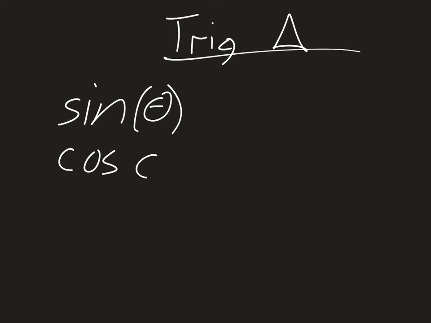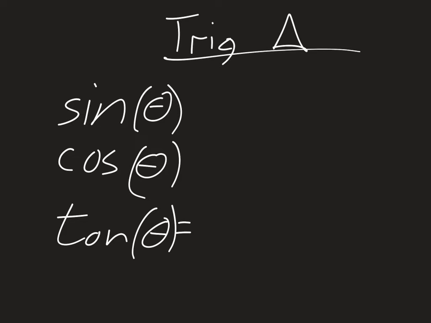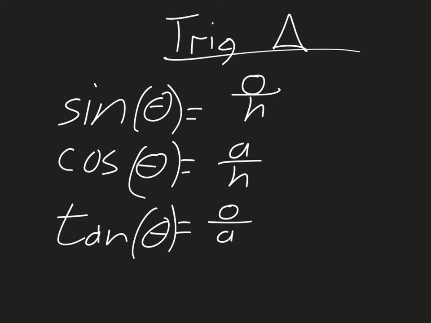Cosine of an angle. And tangent of an angle. And that they each equal something, right? So you need to remember that sine is opposite over hypotenuse. Cosine is adjacent over hypotenuse, and tangent is opposite over adjacent.